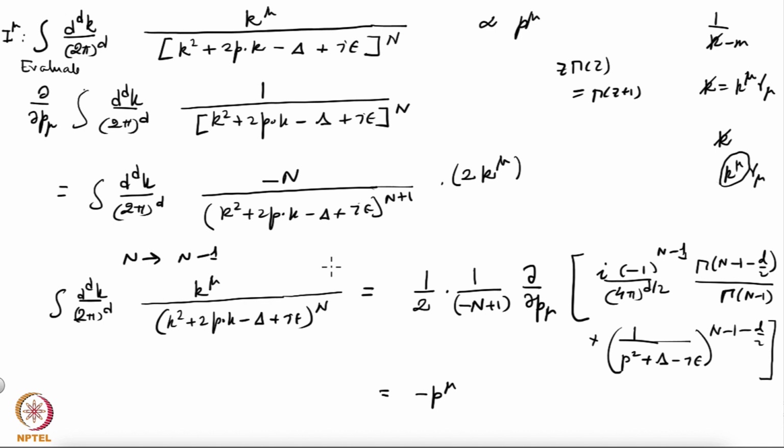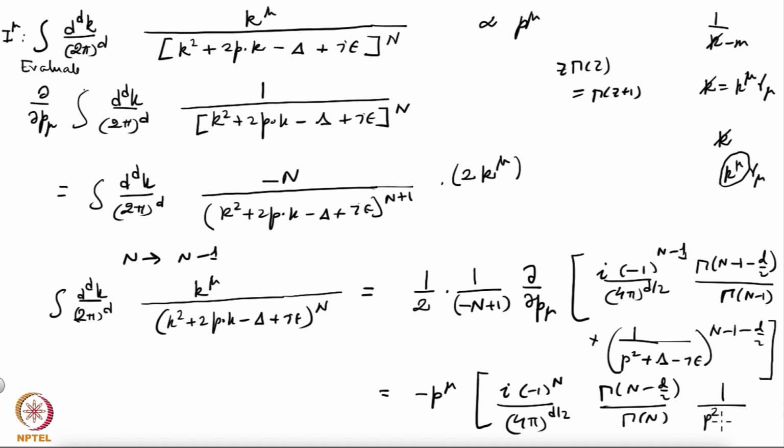That is what we have got, times i times minus 1 to the power n over (4 pi)^(d/2), gamma of n minus d over 2 over gamma n, times 1 over (p square plus delta minus i epsilon) to the power n minus d over 2.